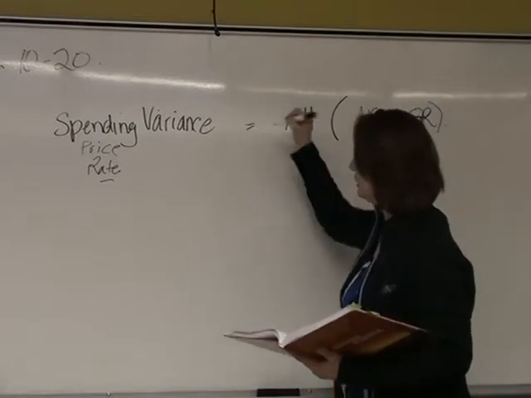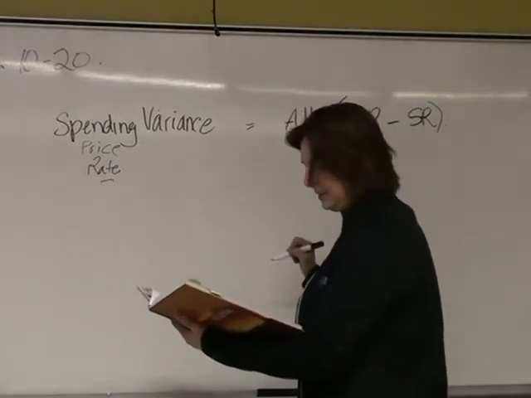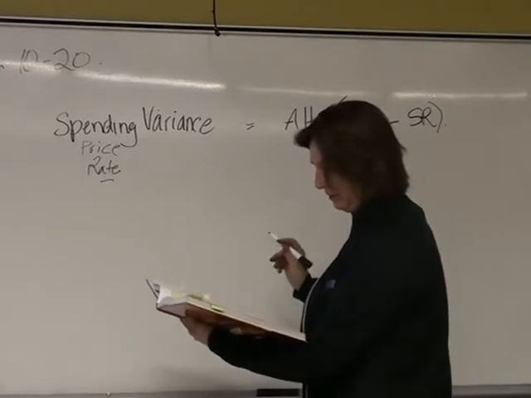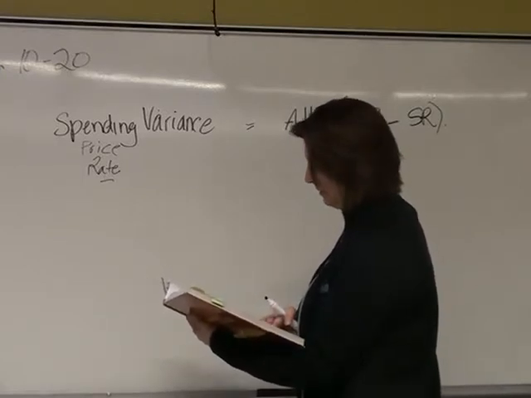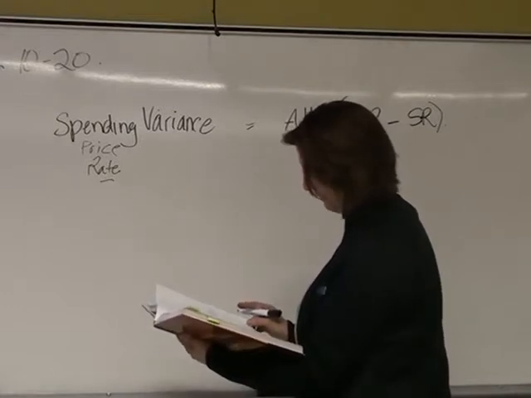So the way this looks is you take the actual hours, which is, where did they say what they were? 500. Well, they're using 5,400. I'm just wondering where they got it from.